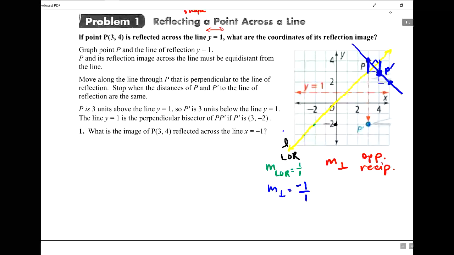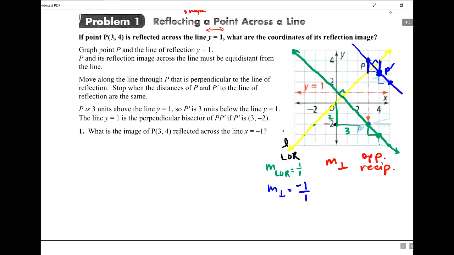What if we want to move P prime here? Well, I'm going to do the same thing. Perpendicular slope is down 1 over 1, down 1 over 1. So I have a line that I know is going to be perpendicular to my line of reflection. Well, how far away is P this time? Well, it's over 3 and up 2.